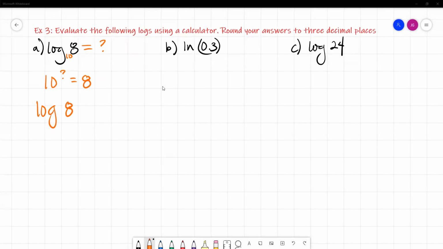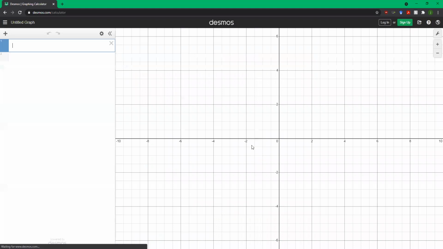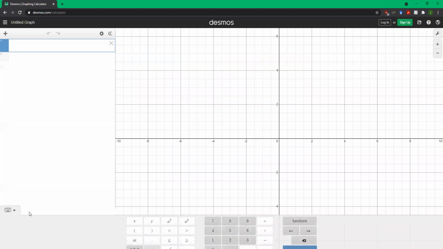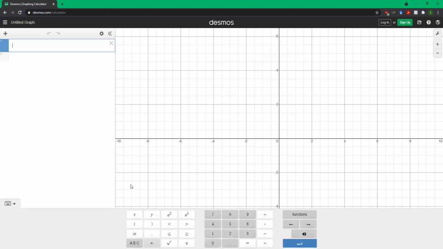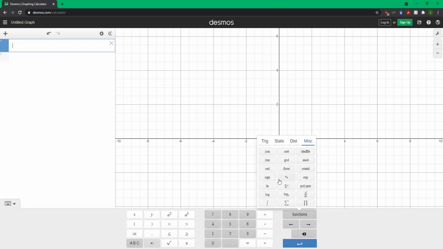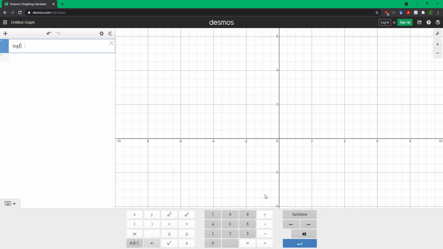Just to give you a quick little tour of that, I'm gonna share my screen. All right, if you have your keyboard attached to your iPad, you can just type log, and it'll recognize it as the log function. What you could also do is go to functions, miscellaneous, log right there.